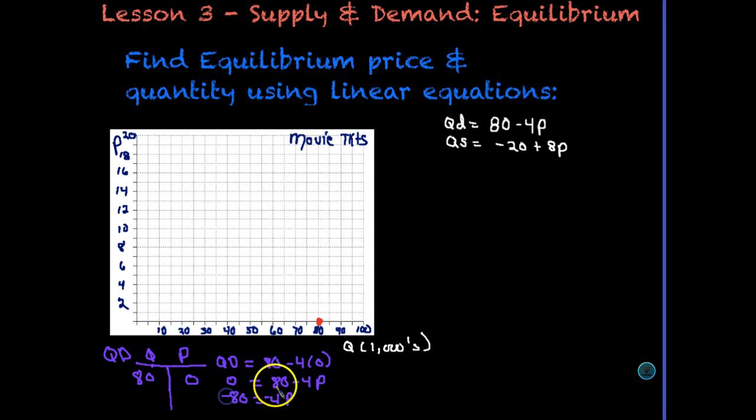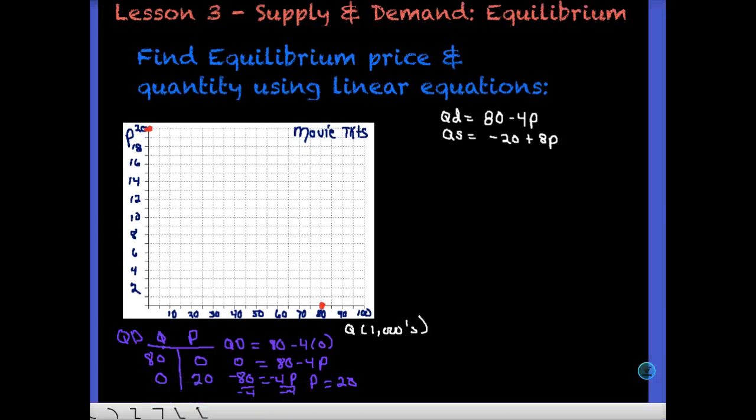And then if we divide by negative 4, we get a price of 20. So when our quantity is 0, we get a price of 20. Let's go ahead and graph that. So that would be up here. From those 2 points, we can now draw and connect our demand curve. And we'll just do that.